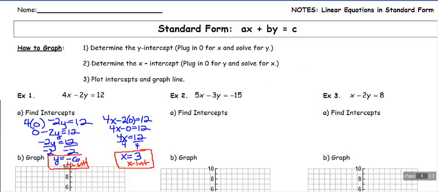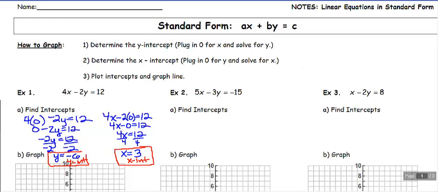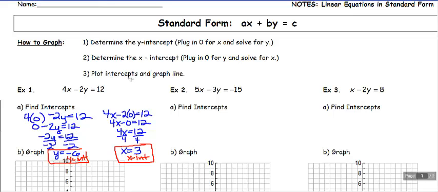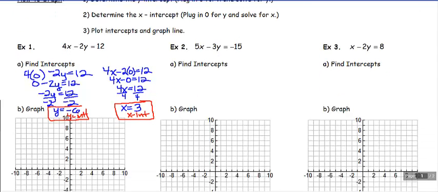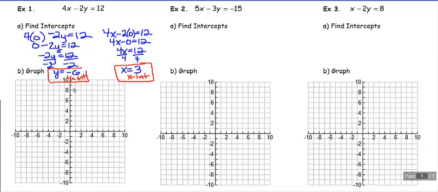So we can now finish this up with our third step, which is to plot the intercepts, right? Plot those 2 points and graph the line. So let's do that. So here is the y-axis, here is negative 6, and I can put a point right there. Here is the x-axis, here is 3, I'll put a point right there.